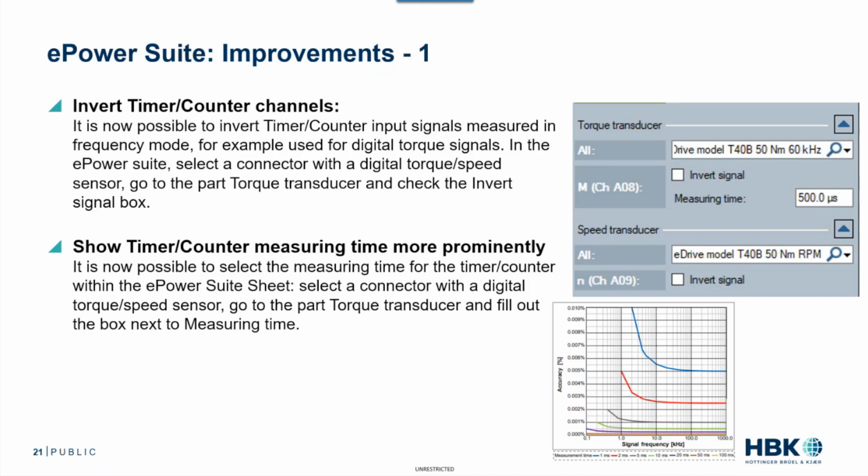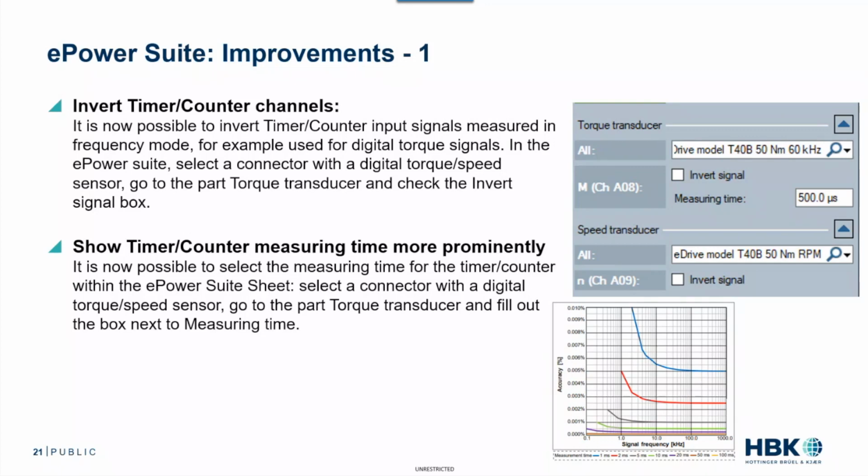So the way a timer counter channel works when measuring torque, for example: you can see the particular sensor I was using here was a 60 kilohertz torque sensor. That means when I'm at zero torque, that sensor is outputting a 60 kilohertz square wave. At maximum positive torque, it's 90 kilohertz, and at maximum negative torque, it's 30 kilohertz.